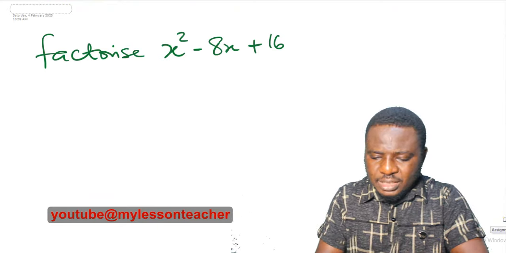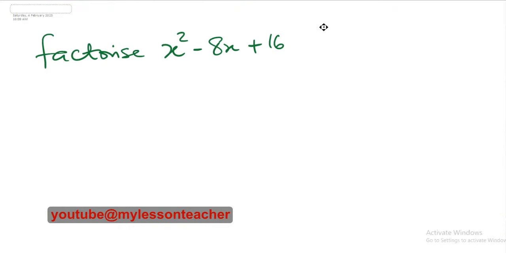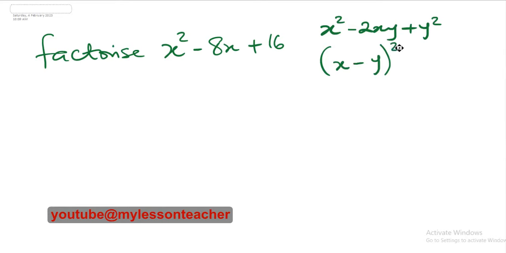This is what we are to factorize, but the rule says if it can be expressed in the form x squared minus 2xy plus y squared, then it gives you x minus y all squared.